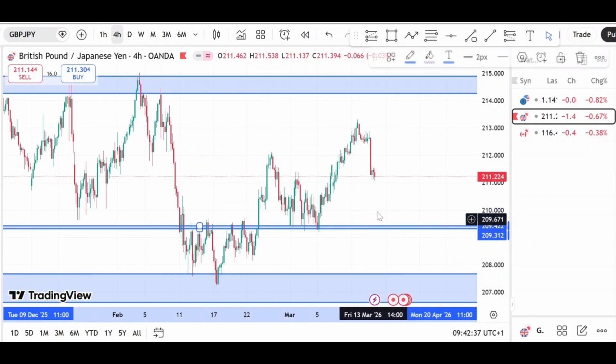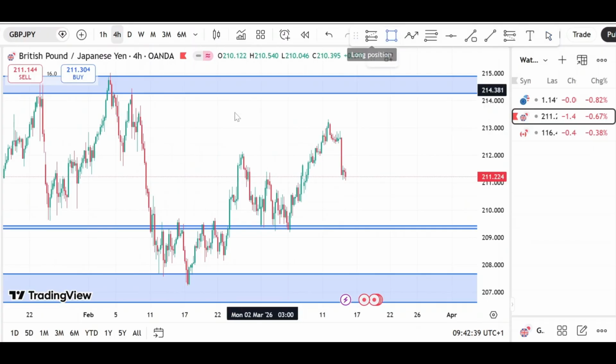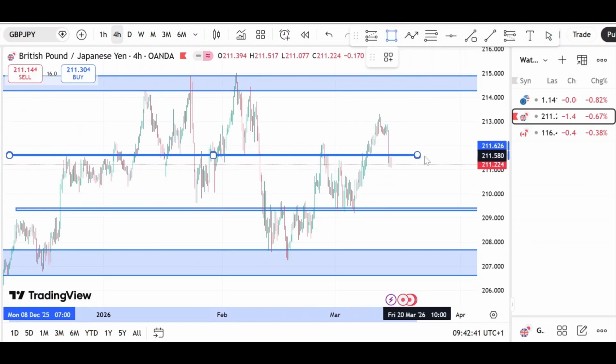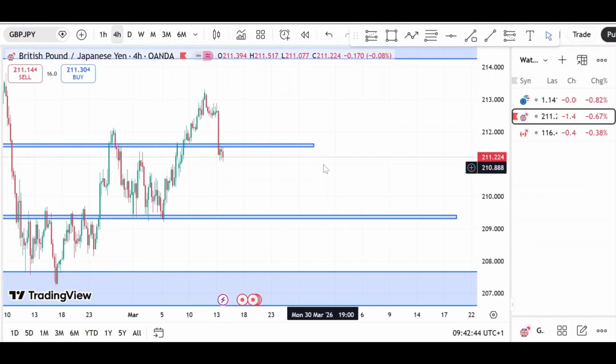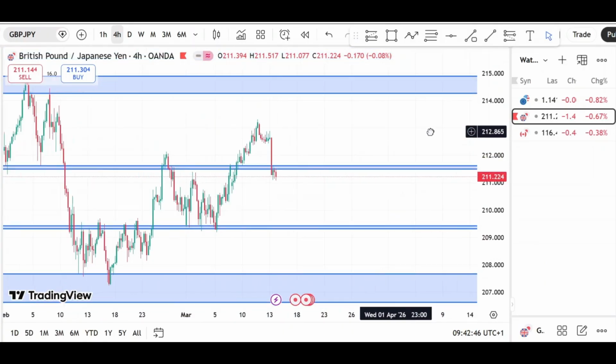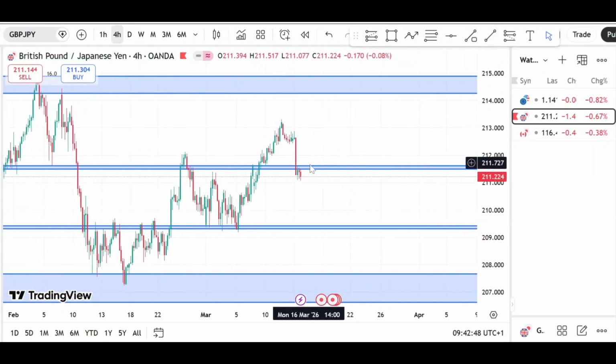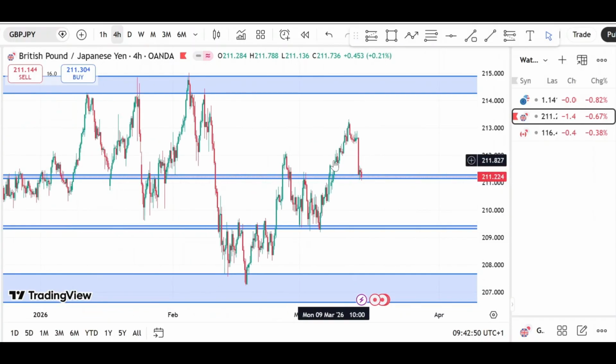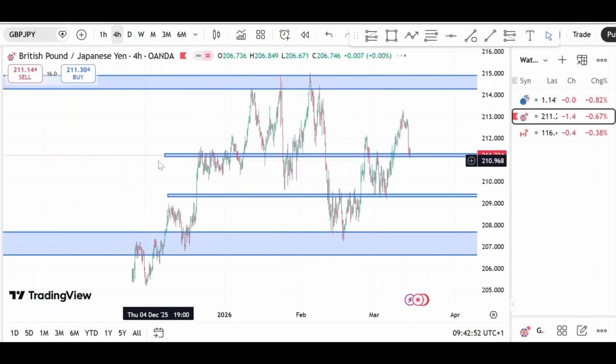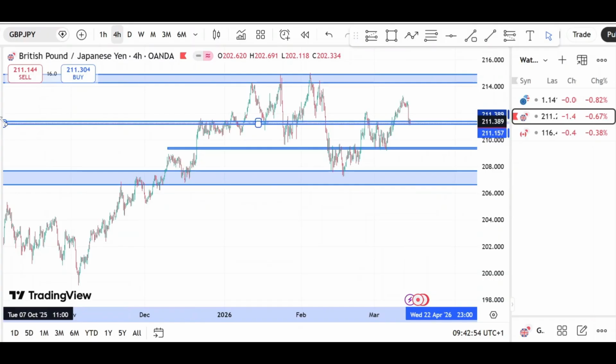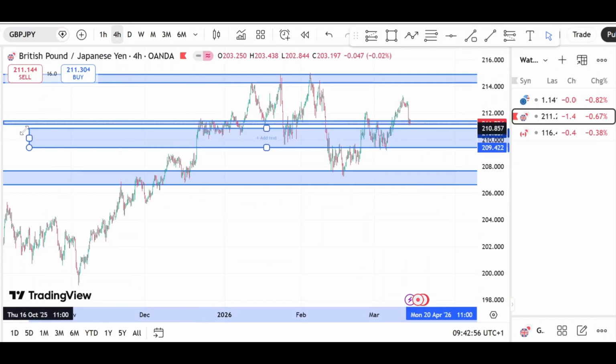Okay, as you can see here in the H4 time frame, we are seeing an uptrend, still an uptrend, where we are seeing higher high and higher low.